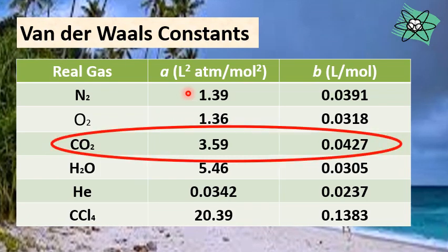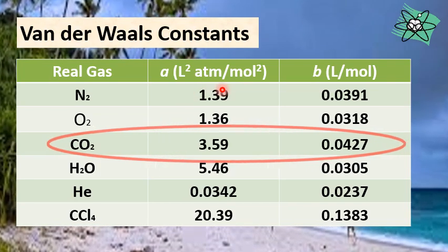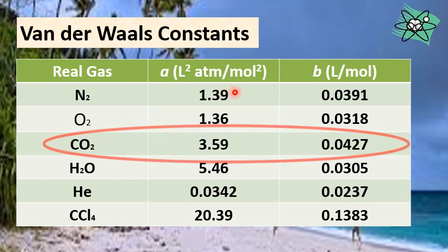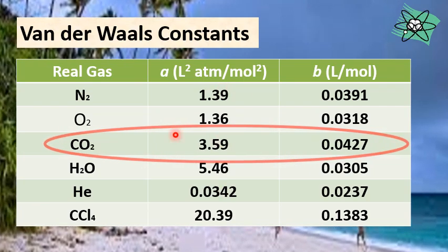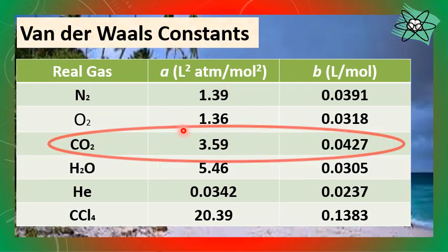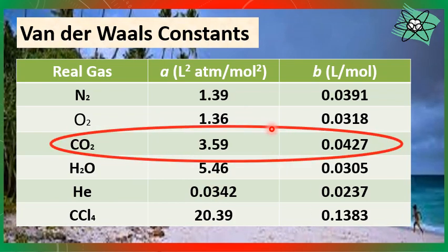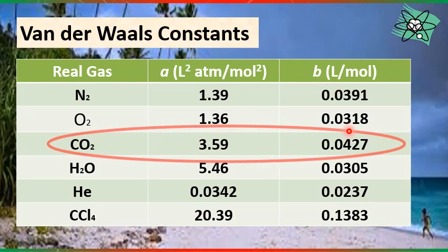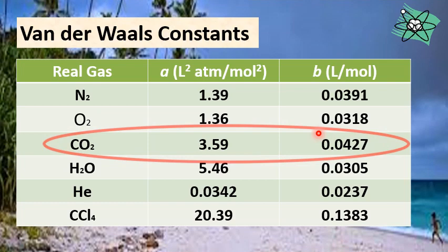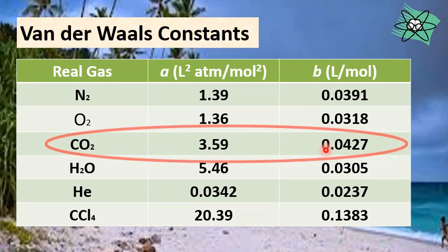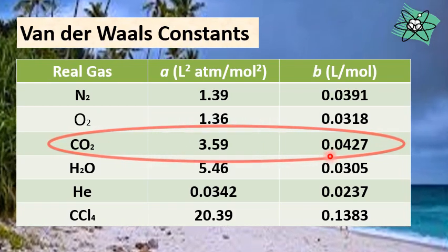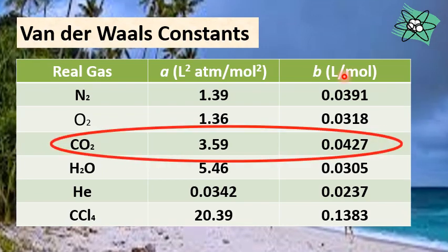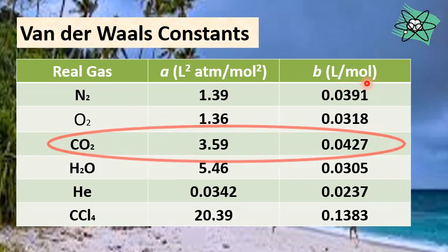This is just one commonly used unit for this constant. And for constant B, the value for carbon dioxide is 0.0427 liter per mole.